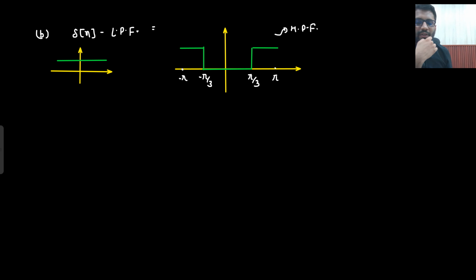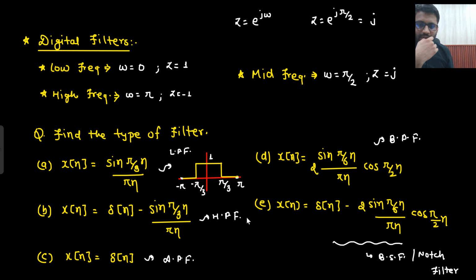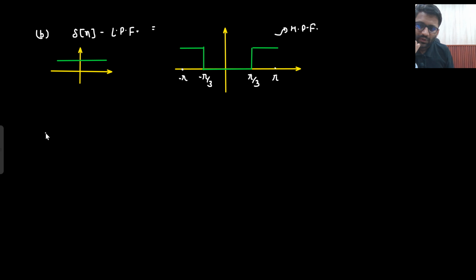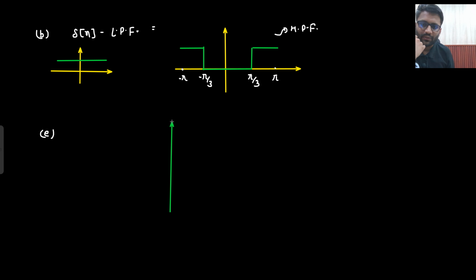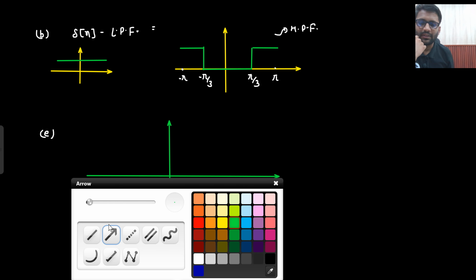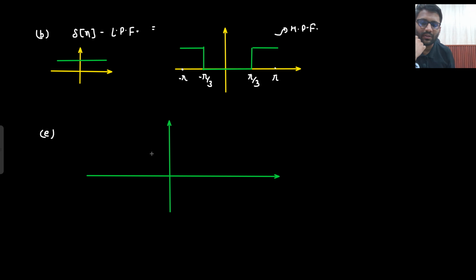So what kind of response will you get for this one? This is your A, B, C, D, E. For E, you will get this kind of response, a notch filter. That means it will pass everything, but it will block something in between.